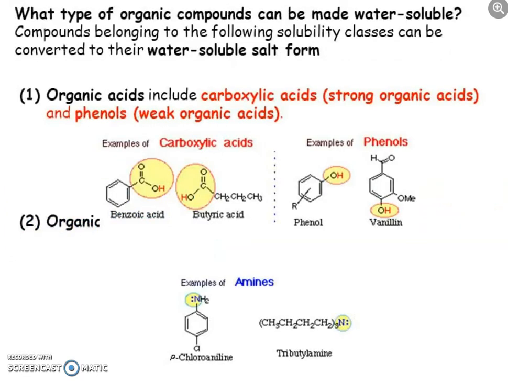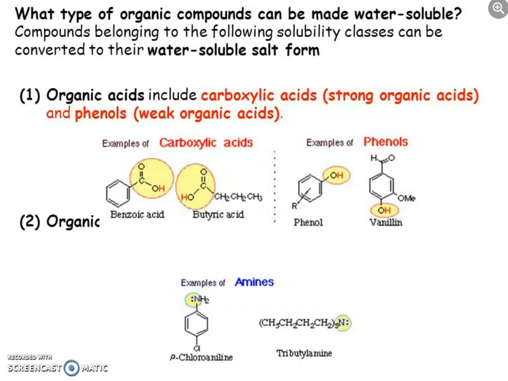So what types of organic compounds can be made water soluble? The answer to this question: compounds belonging to the following solubility classes can be converted to their water soluble salt form. First one, organic acids. These include carboxylic acid, a strong organic acid, and phenol, a weak organic acid.